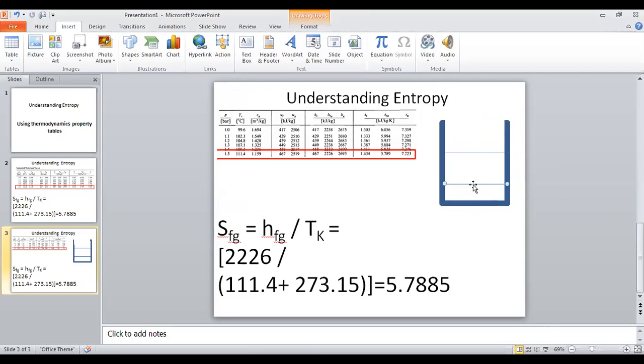So here is water, and here you can see some steam, and there should be a moving cylinder, sorry, piston here. This is a moving piston.